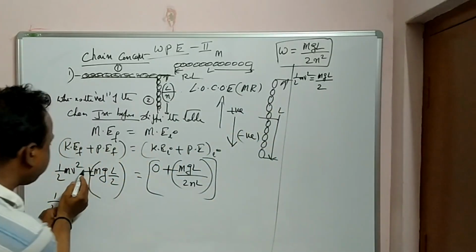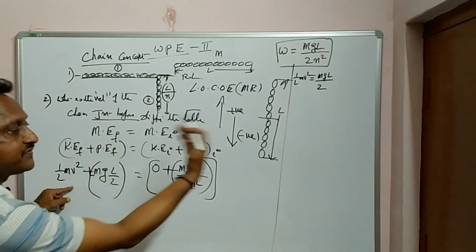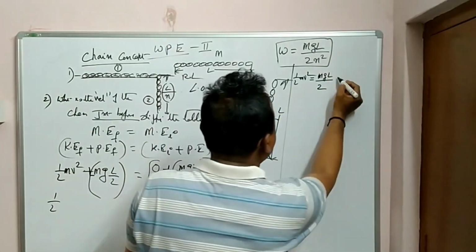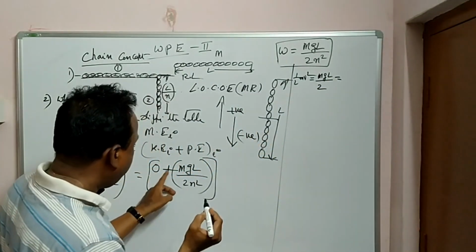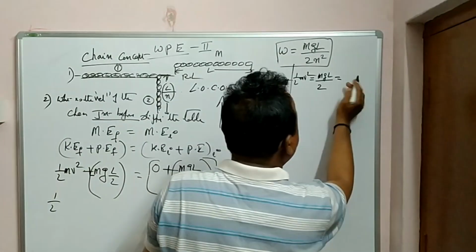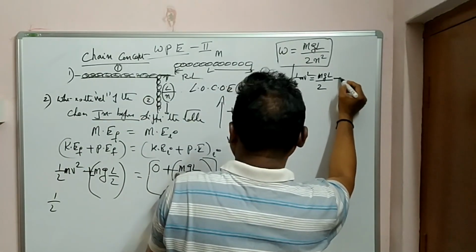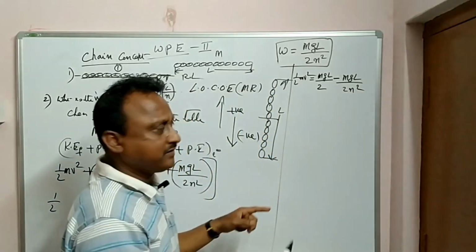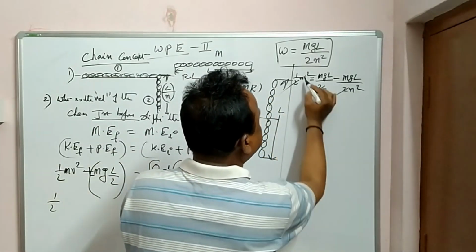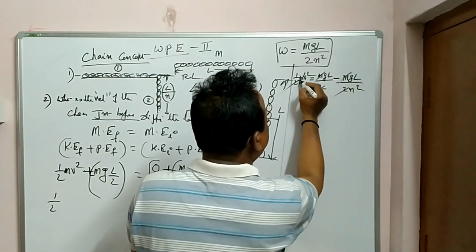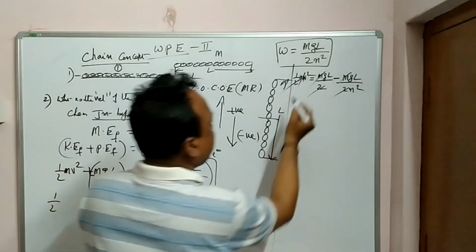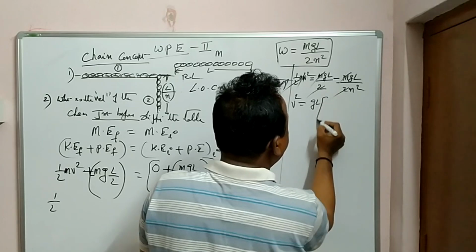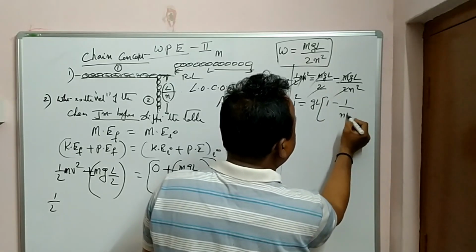Look at this minus: plus into minus is minus. This minus, if I take it to the right side, becomes plus. So mgL by 2. Already here, what is left over is 0 and plus into minus, minus. This minus is the usual one, minus mgL by 2n square. Over here, almost the 2 cancels, the mass cancels. This is capital M. Okay, now what is left over? V square is equal to gL, if you take common, 1 minus 1 by n square.